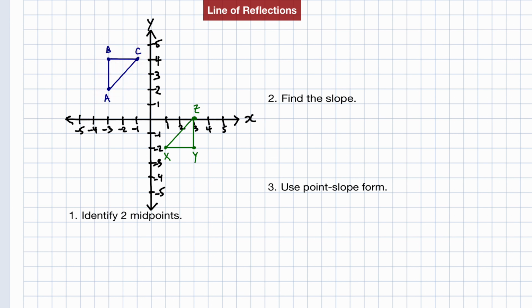We're going to first find the midpoint of points C and Z. So the first thing to do is establish the coordinates for C and for Z. The coordinate for C is -1, 4, and point Z is at 3, 0.